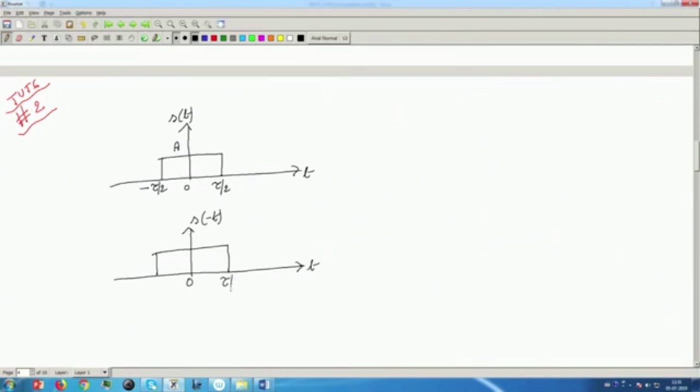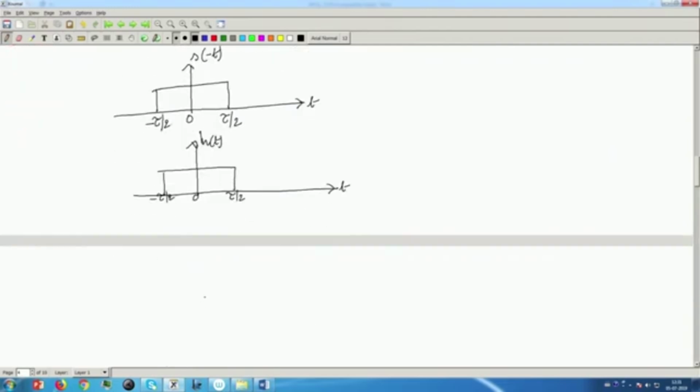For a rectangular function it is good, it is not changing. So, I can say that my h(t), the impulse response of the matched filter, will also be like this: 0, tau by 2, minus tau by 2.